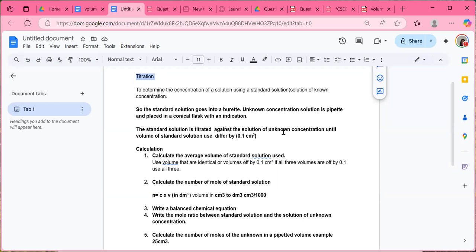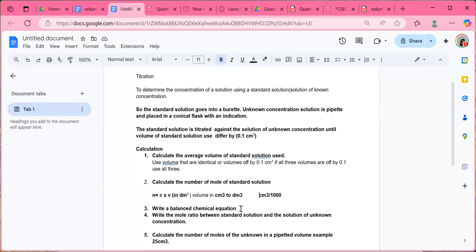The volume must be in dm cube. Our burette readings are usually in centimeters cube. So how do we move from centimeters cube to dm cube? We simply divide the volume given in centimeters cube by 1,000.